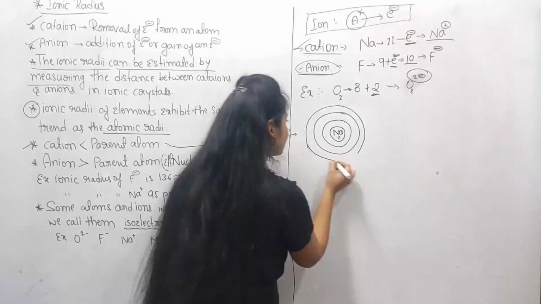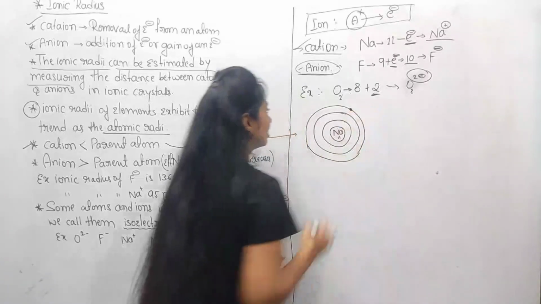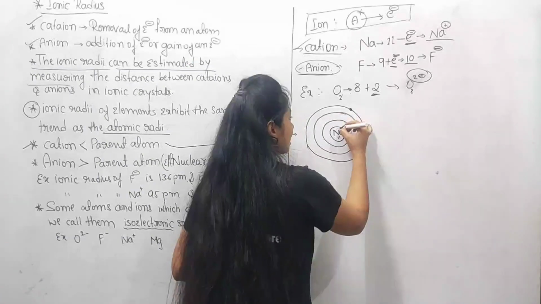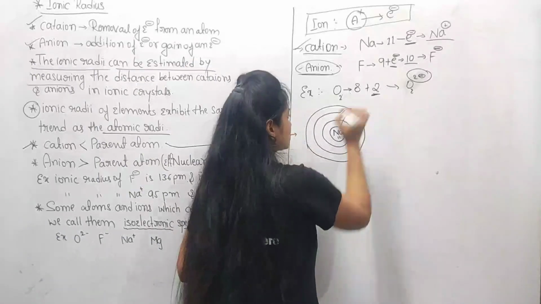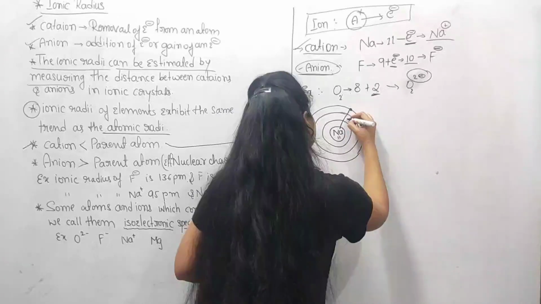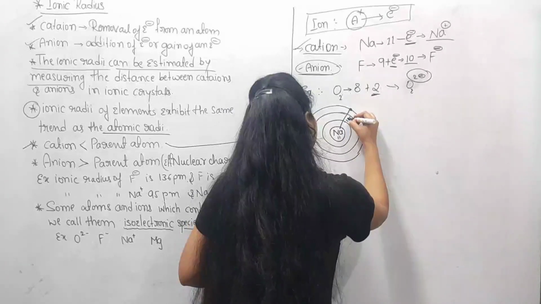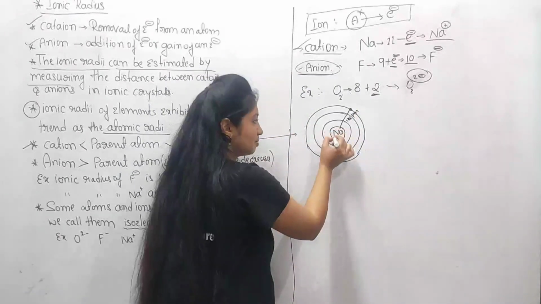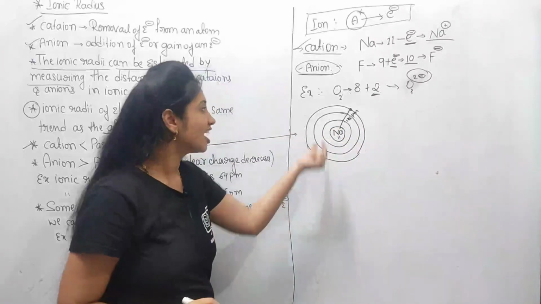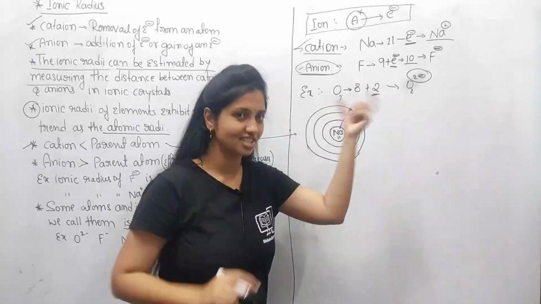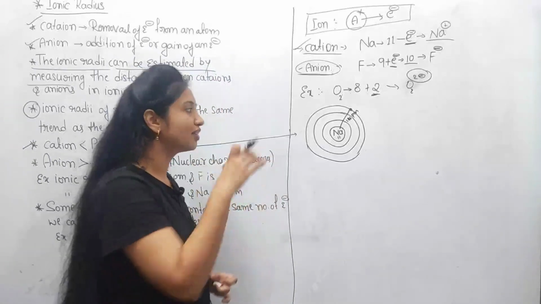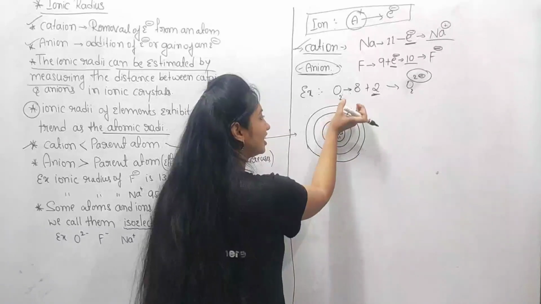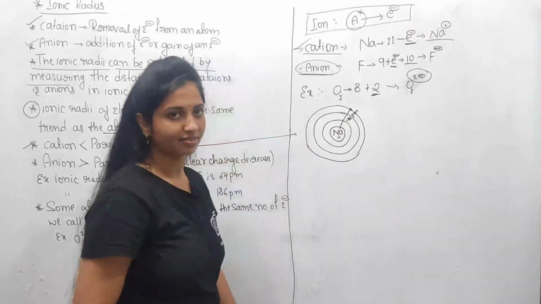Just consider this is the outermost shell having one electron, and the distance between the nucleus and this outermost shell is, let's say, 186 picometer. Already you know that protons carry the positive charge and electrons carry the negative charge. There is an electrostatic force of attraction, meaning these protons attract the electrons towards themselves.